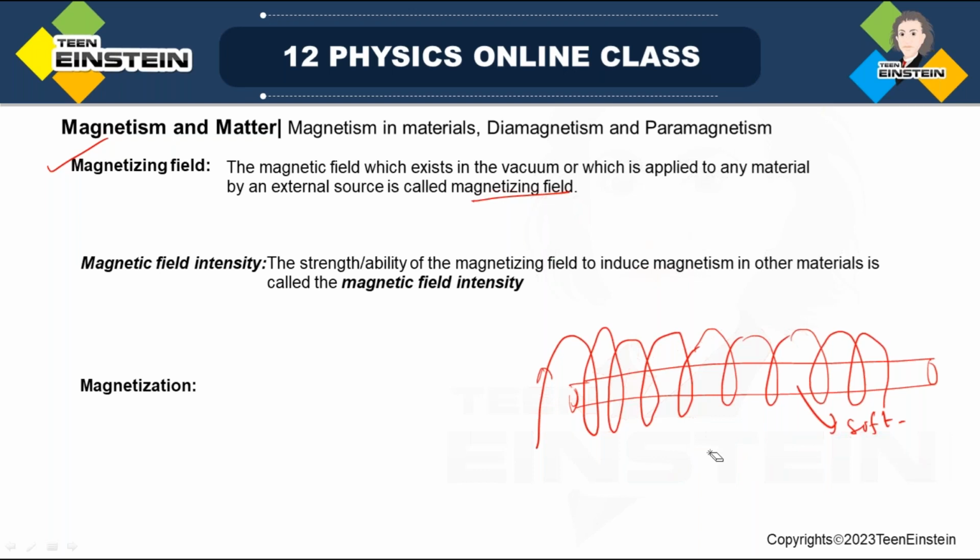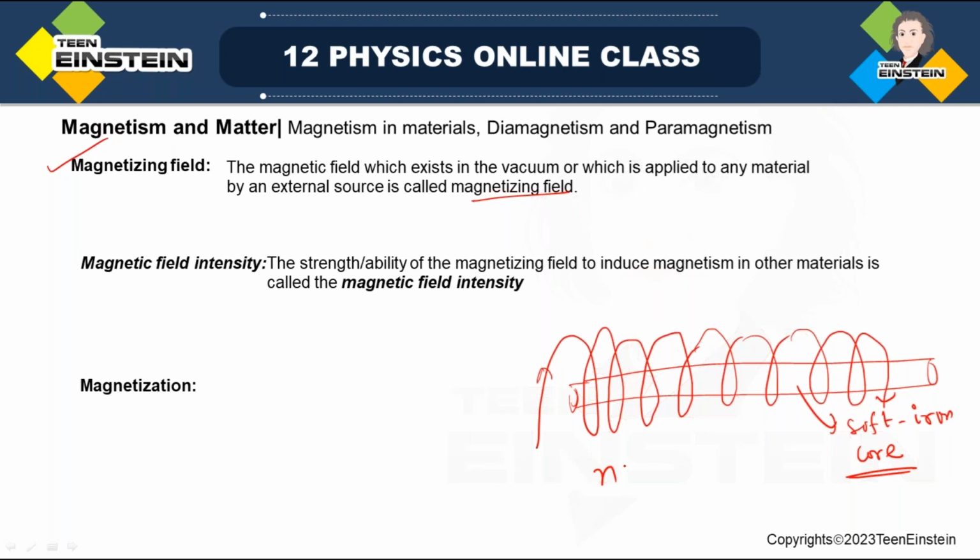This is a soft iron core solenoid. Now this iron core will be magnetized when a current is passed through the coils, or windings, or each turn.